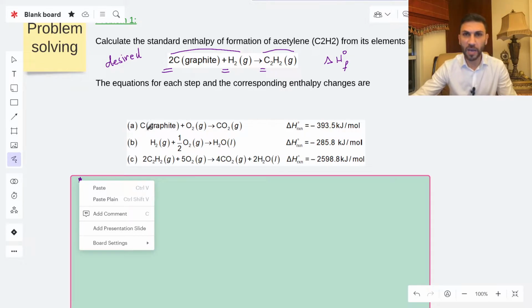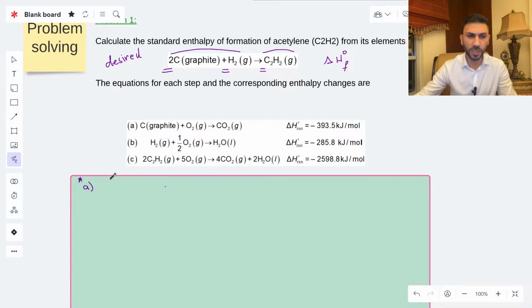Here, I have only 1 mole, but I needed 2 moles. So what I'm going to do is multiply this whole equation by 2 in order to get 2 moles. Don't forget, when you multiply an equation by 2, you need to multiply delta H for the reaction by the same number also.